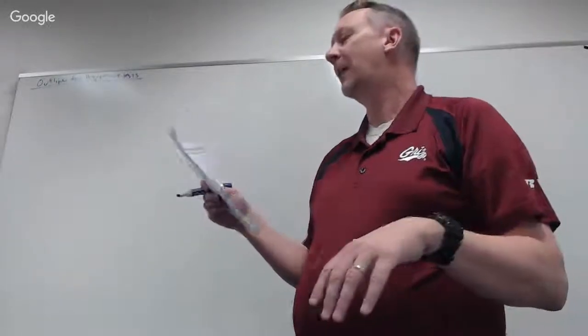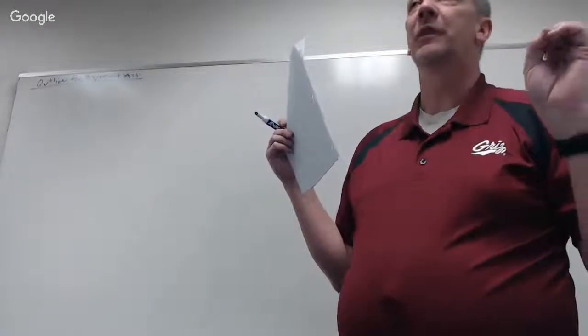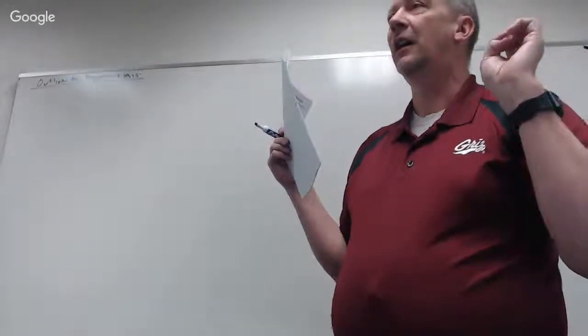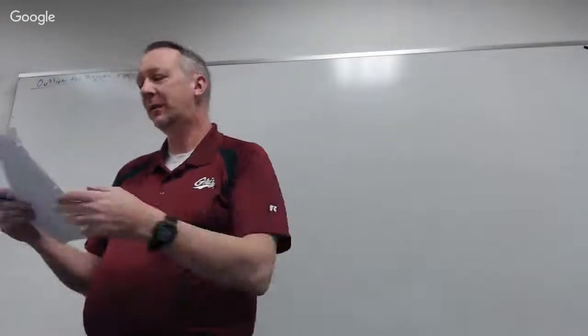But I'm going to focus mainly on the hypothesis test, because that's what we're going to be doing in chapter 10. So the first step is to list all important numbers from the problem.